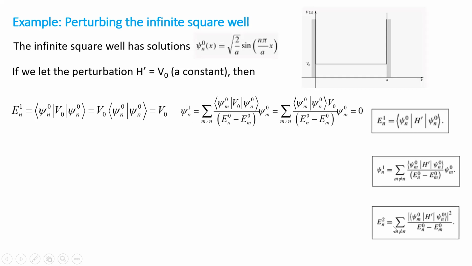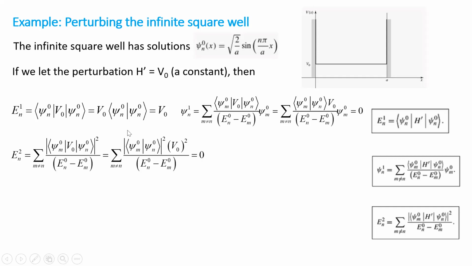Our second expression for the second order energy corrections is the sum for m not equal to n of this matrix element squared over the difference in energies. If we look at that, we get a similar argument. Taking this formula and replacing H prime by V0, we get the matrix element of V0 between m and n, quantity squared, but we can pull V0 out of the matrix element, and then of course it's squared.